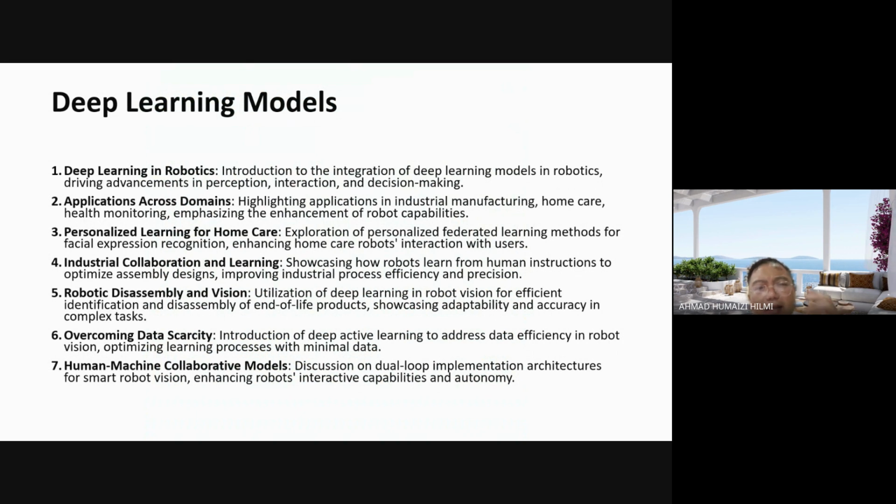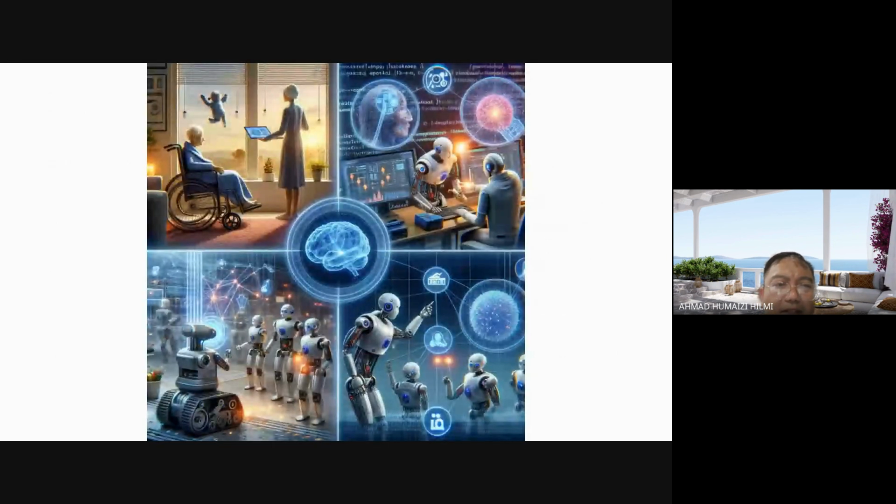The robot analyzes everything, and this is called the deep learning model. Not only a surface model, but the robot thinks like a human. So there are many applications of it in healthcare, in factories, in decision making and everything.